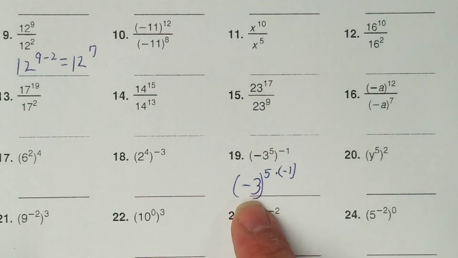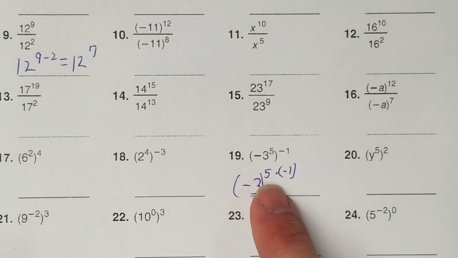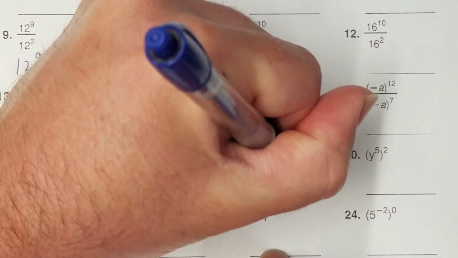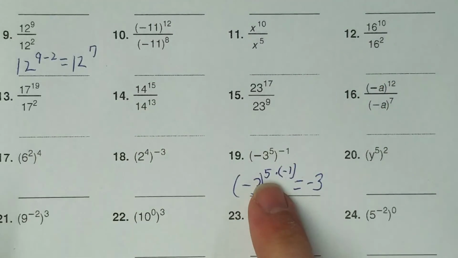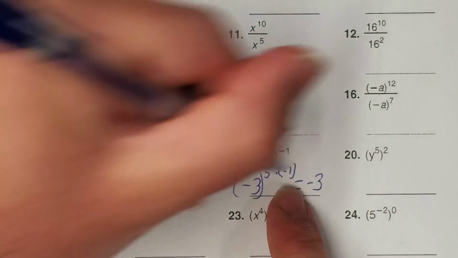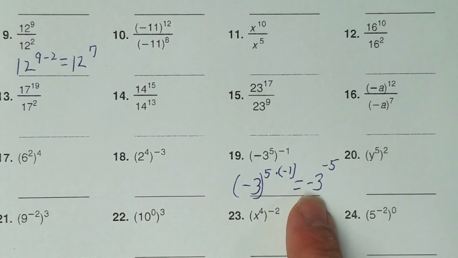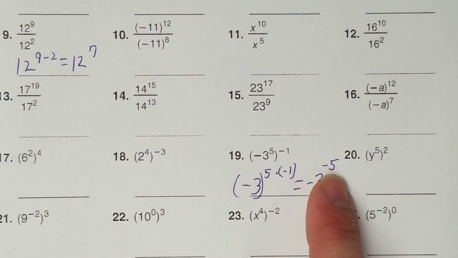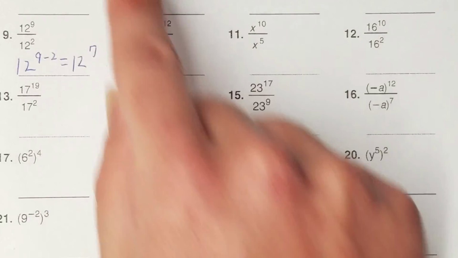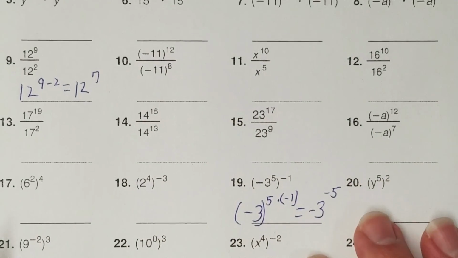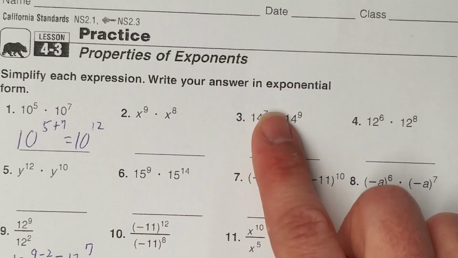So negative 3, remember, if it's a power to a power, you multiply these two. So it's negative 3 to the power of 5 times negative 1, which would be negative 3 to the power of negative 5. And just like for all these, you don't need to multiply them out or solve them. You're writing in exponential form.